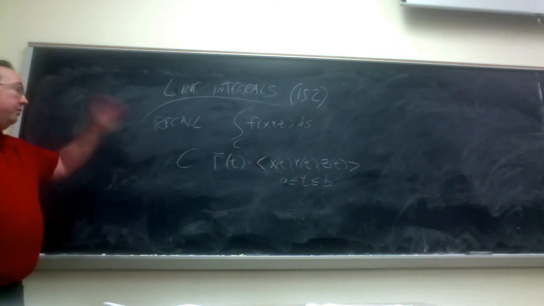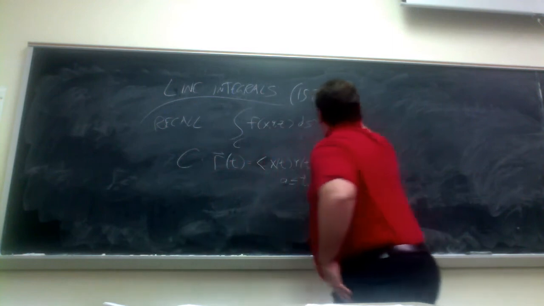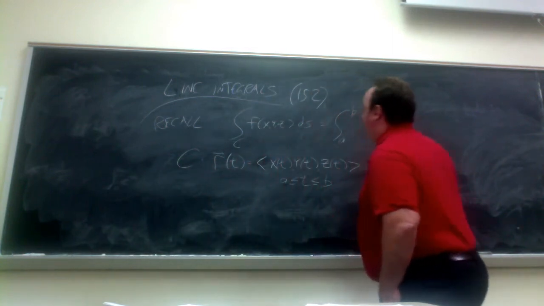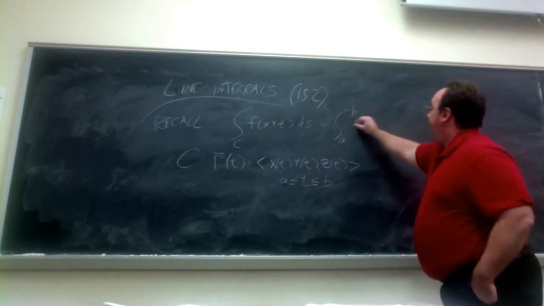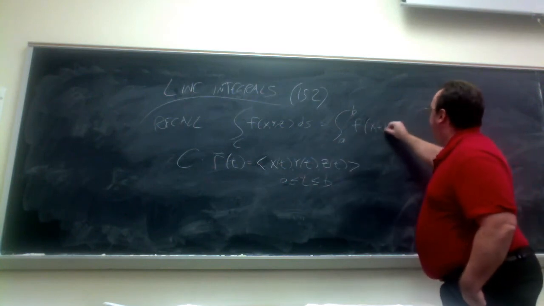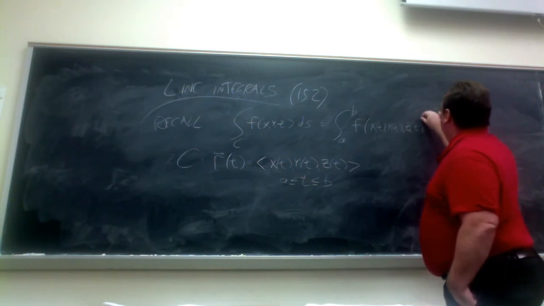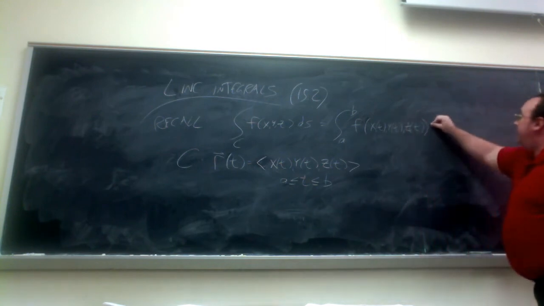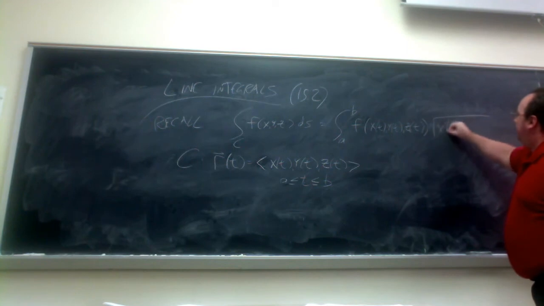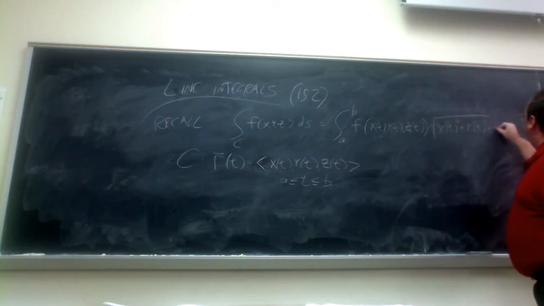And the way this is rewritten in a form that can actually be worked out is you substitute your parametric equations into the integrand. And then, ds comes from the tangent vector.